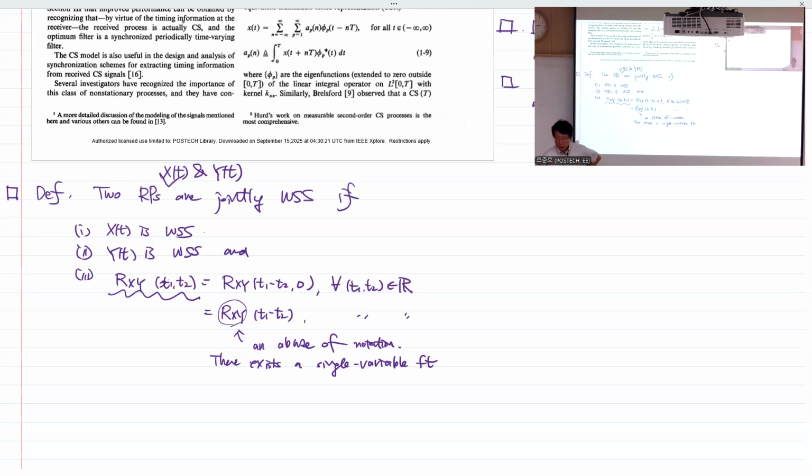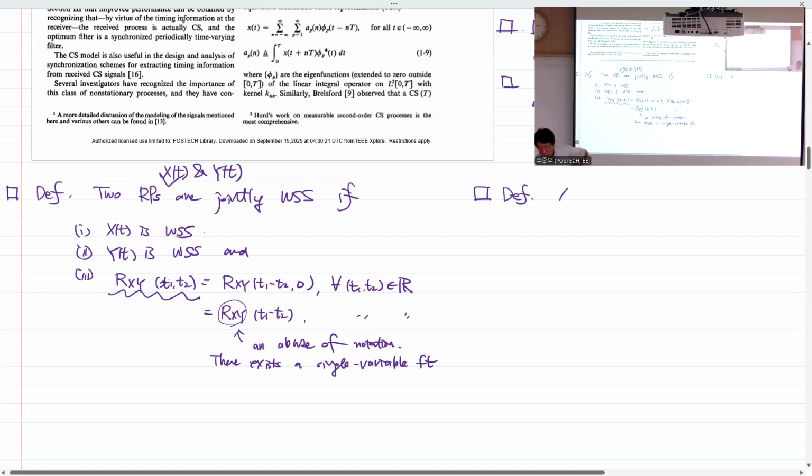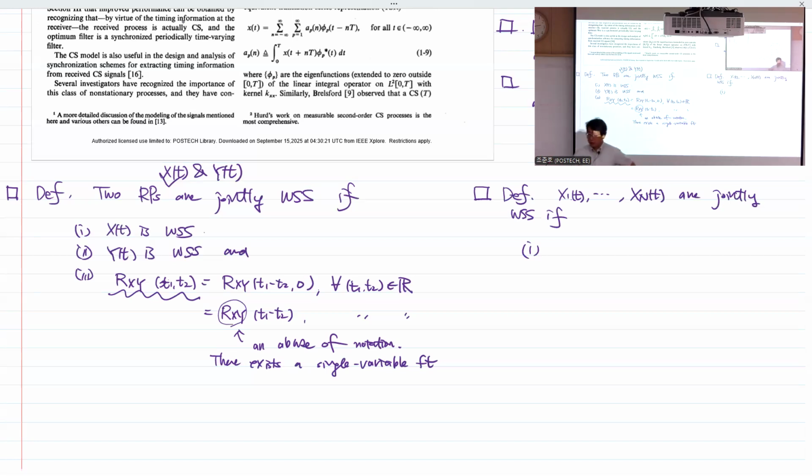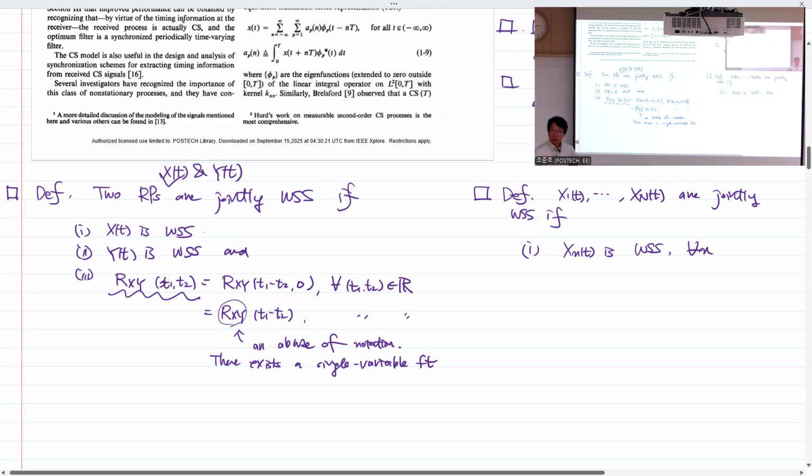And now let me ask you about the extension of this joint wide sense stationarity of two random processes to n random processes. Anybody? Anybody? Yeah. Every random process is wide sense stationary, right?